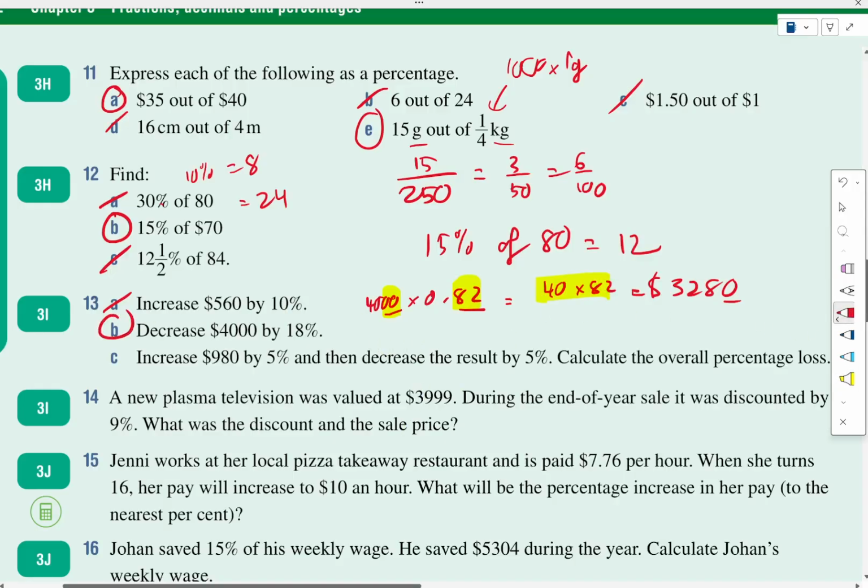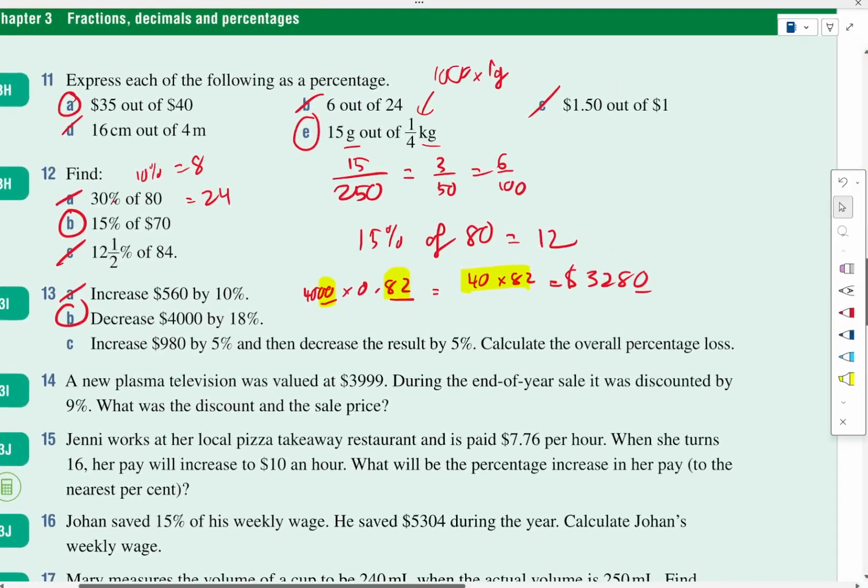Now let's try C. C is an interesting one. It's a complicated one. Let's split this into two steps. Step 1 is this bit here, and then step 2 is this bit here.